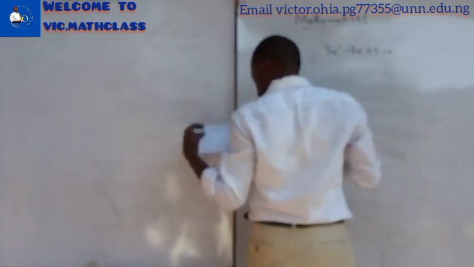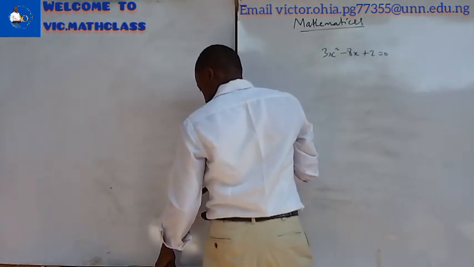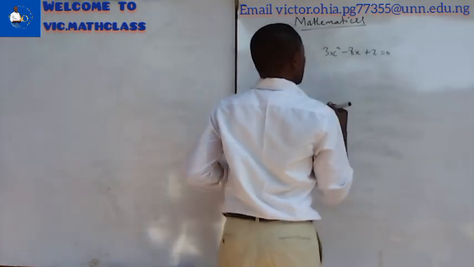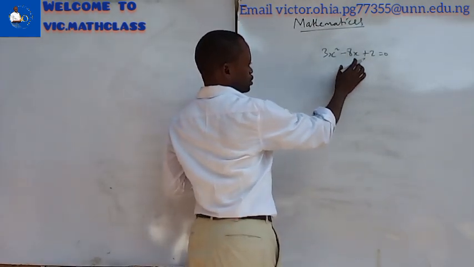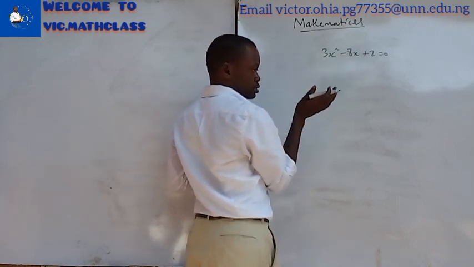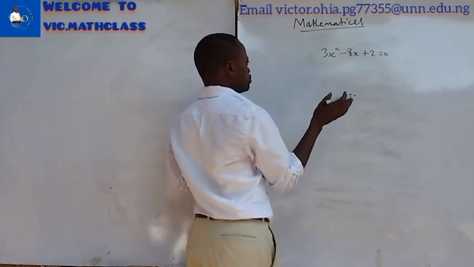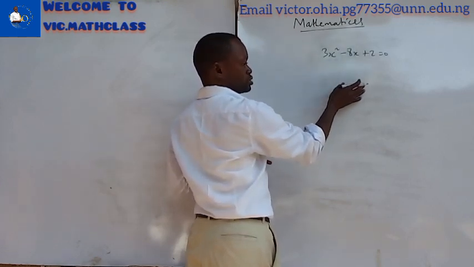And we want to solve it using completing the square method. How is it going to be solving this using the completing the square method? You realize that in the derivation of a quadratic formula, I gave like 6 to 7 procedures that one needs to use to solve this. So let's pass through those 6 procedures.